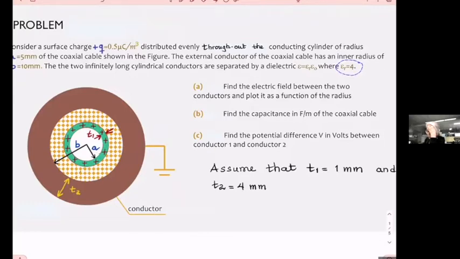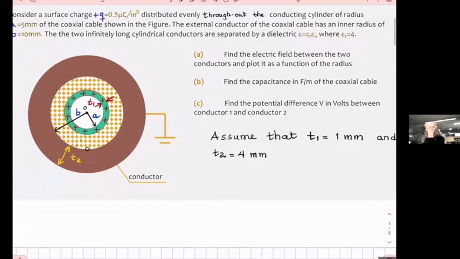Practically, I would like to find the electric field from the center, which is O, all the way to the outer conductor, here somewhere. And I would also like to find the capacitance and so on and so forth.